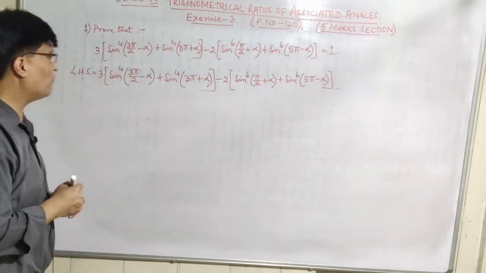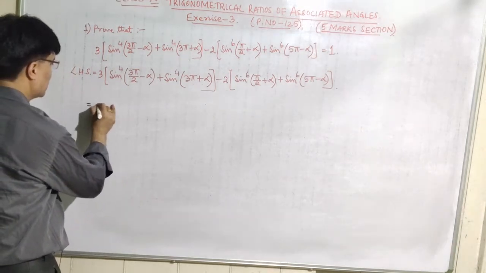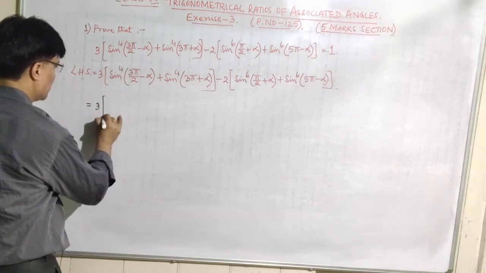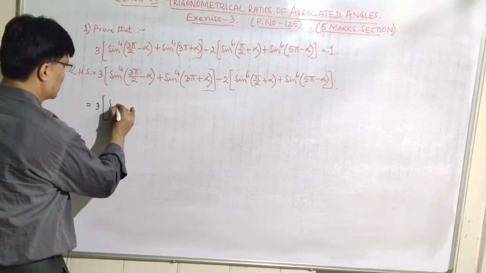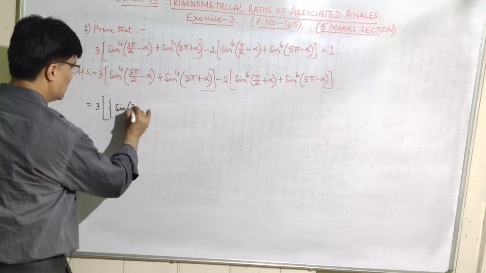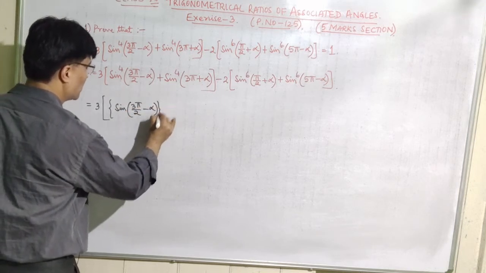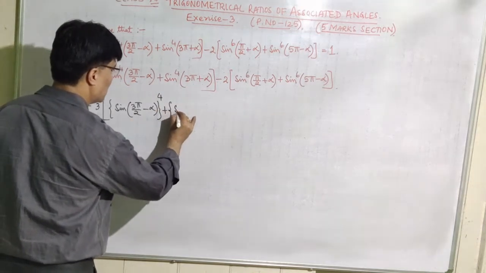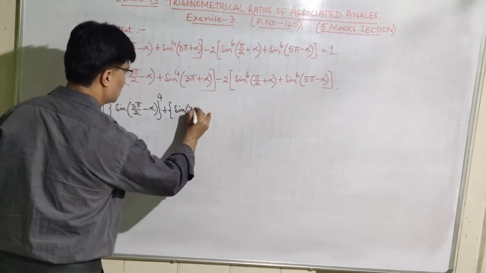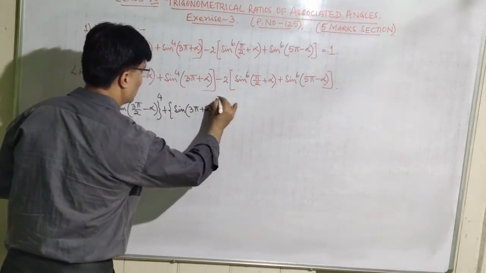So let us write down the formula in this case. It is equal to 3 within third bracket, we can write it within whole to the power 4, isn't it? That is sine (3 pi by 2 minus alpha) whole to the power 4, plus here also sine (3 pi plus alpha) whole to the power 4.